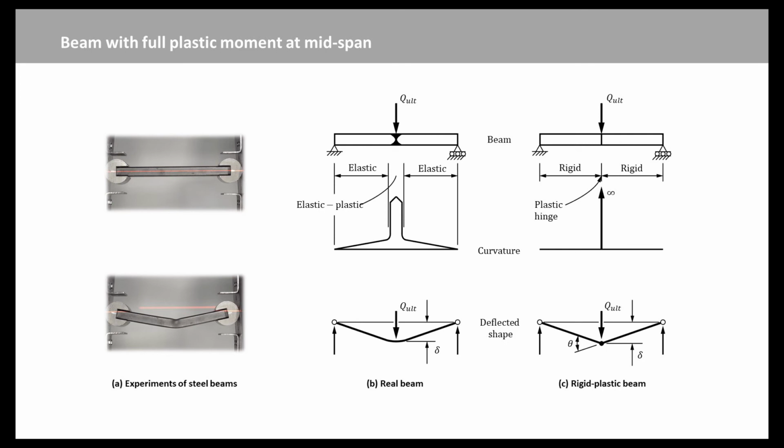However, according to the rigid plastic assumption, the curvature becomes infinite at mid-span when this section becomes fully plastic, M equals Mp, while the two halves of the beam have zero curvature and remain straight, as shown in Figure C.